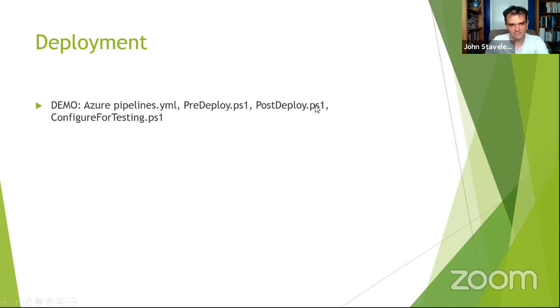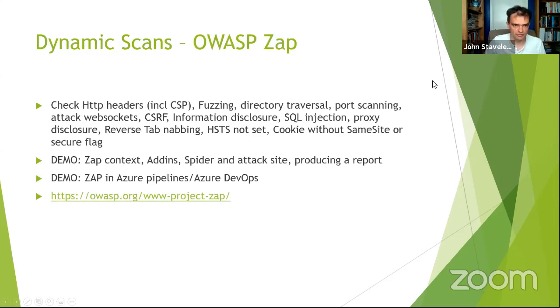Post-deploy resets the security on the website and wakes the website up, and then a PowerShell script configures it so that the testing pipeline can have access to the database, setting up a known good state on the database, but that's all in the source code.